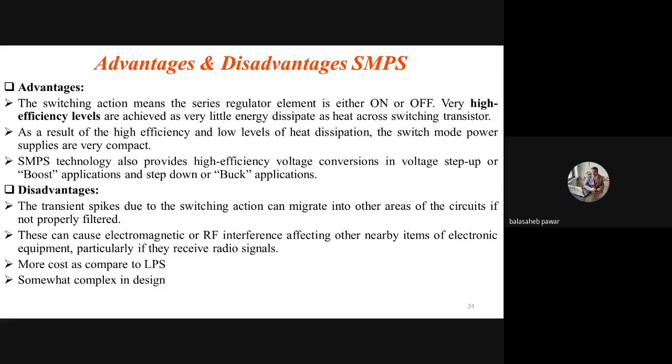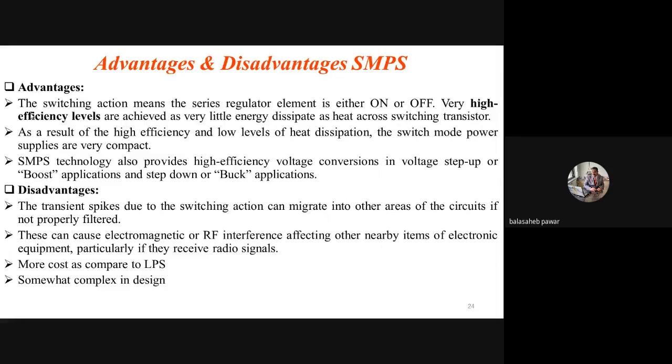Okay. Now the advantage: the switching action means the series regulator element is either on or off. Very high efficiency levels are achieved as very little energy dissipates as heat across the switching transistor. So this is the main advantage of SMPS over the linear regulated power supply. Across those linear ICs, as I already explained, a 2 to 3 volt drop is always there, and that's why we call them high dropout voltage regulators.